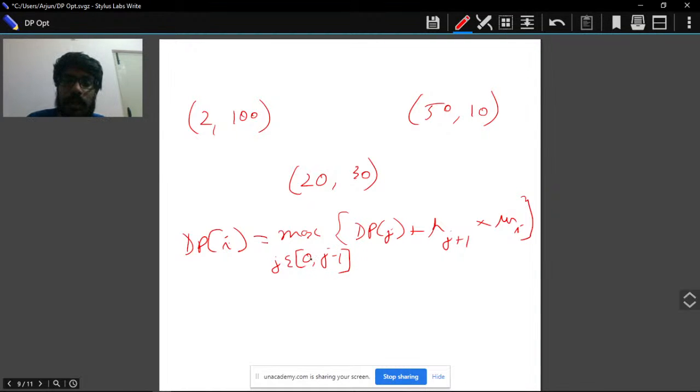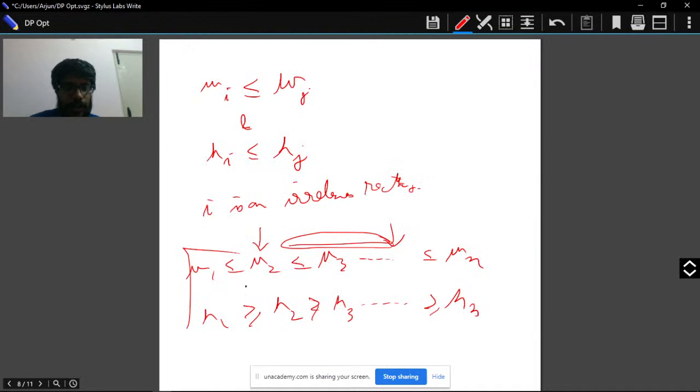Yeah. So I hope this DP equation is clear to everyone. The cost is this because of this particular order. The heights are decreasing. So for any subarray that I'm taking, the cost is going to be the height of the first into the width of the last element, because the max of heights is the first and the max of width is the last.